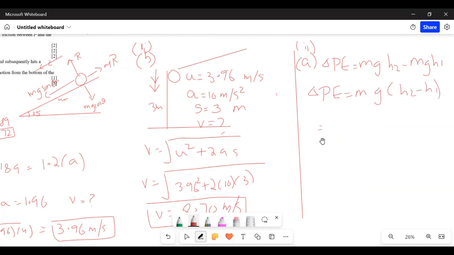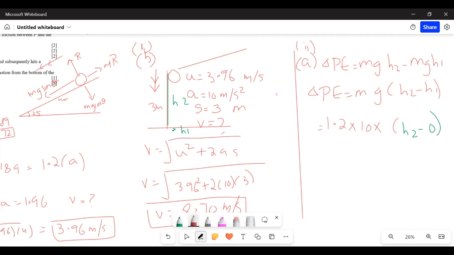Okay. M is 1.2. G is 10, and difference in height would be the initial height is h2, and then this final height will be h1, which would be 0. So h2 हमें पता है, which is 3 minus 0.